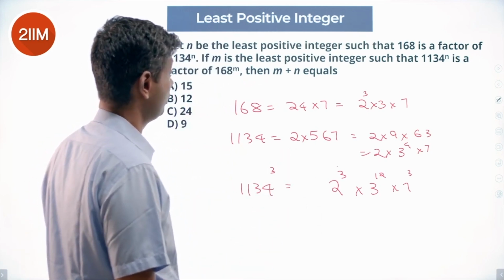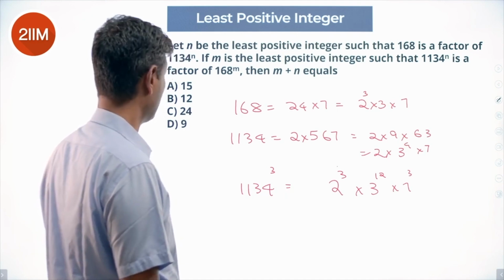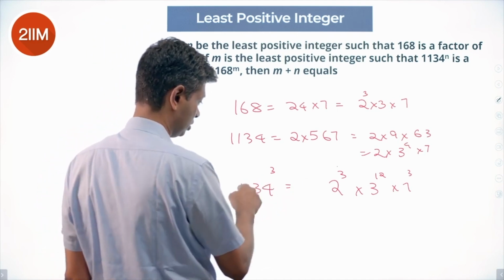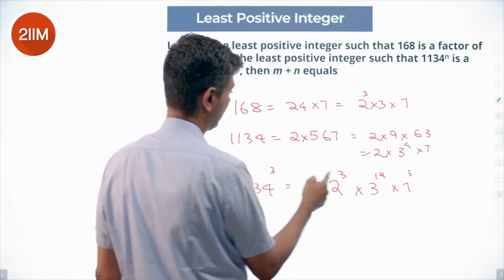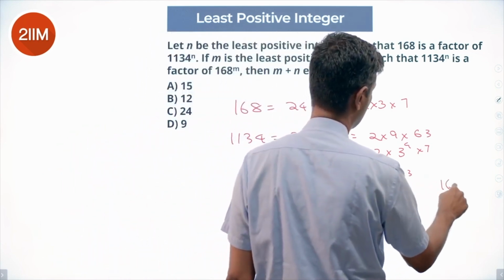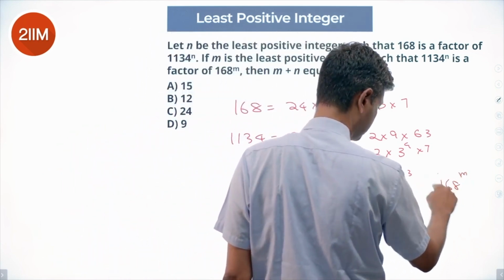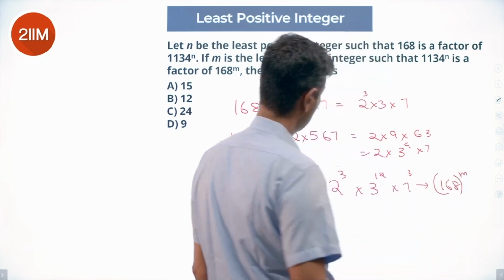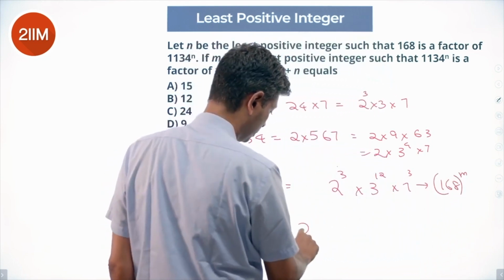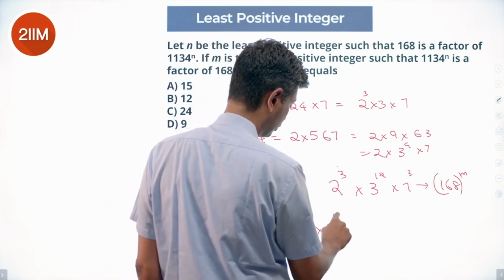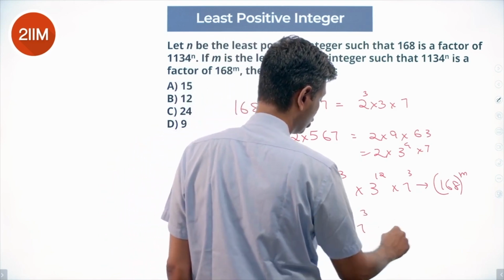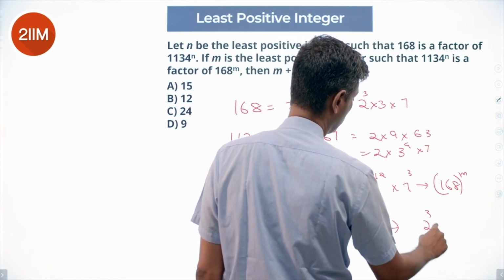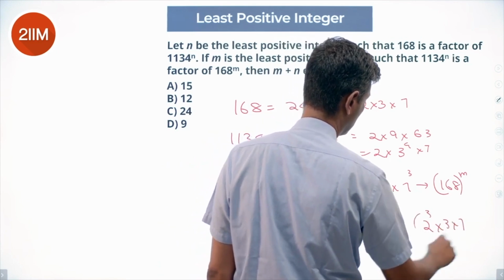m is the least positive integer such that 1134 to the power n is a factor of 168 to the power m. Nice. Right. So 2 cube into 3 power 12 into 7 cube should sit inside 2 cube into 3 into 7, whole power m.